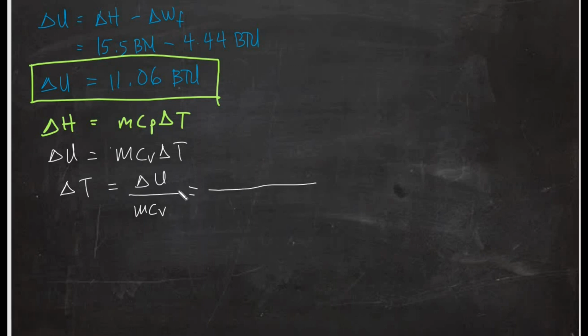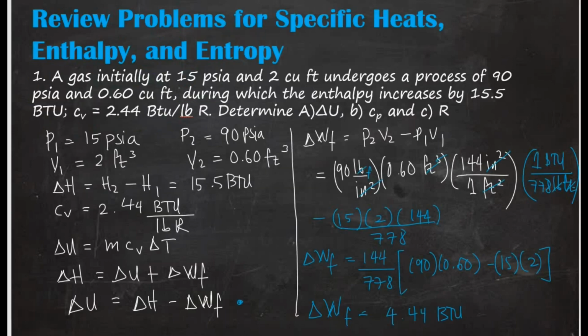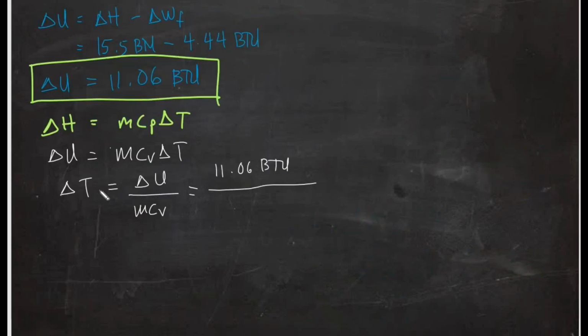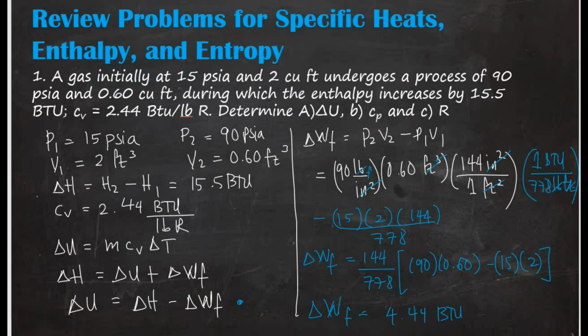So our delta U is 11.06 BTU. Our mass we don't have from the problem, but we have C sub V, so let's write M, and then 2.44, that's our C sub V, BTU per pound mass Rankine.